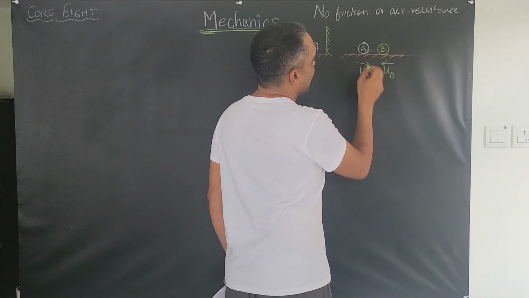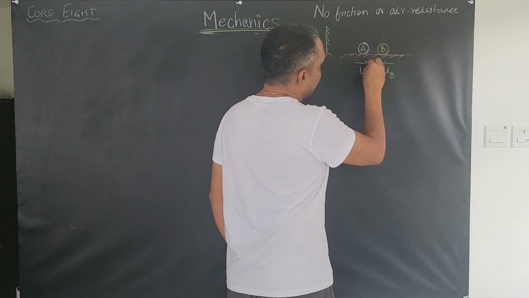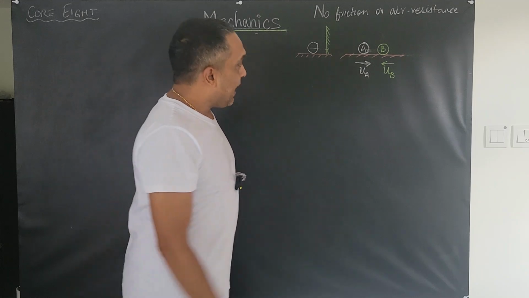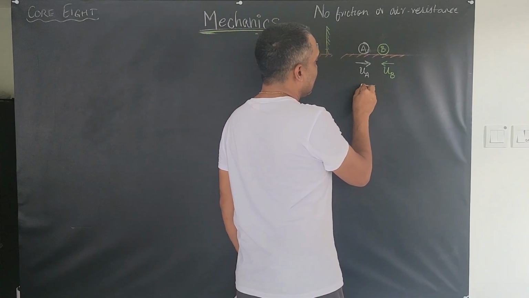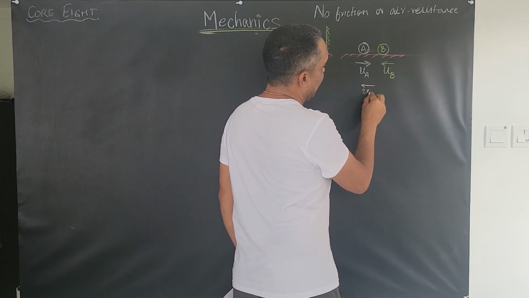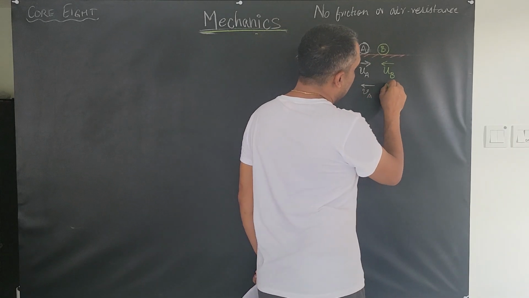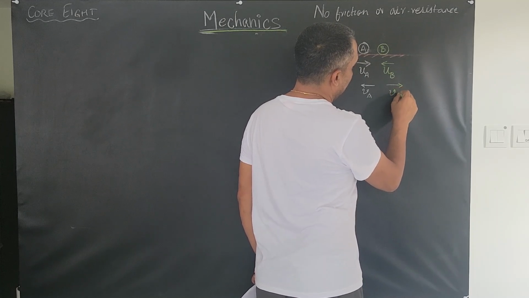Remember, it's not writing vectors, I'm just indicating the direction of this particle. And you could basically have a head-on collision. At the end of the head-on collision, you could have A returning with some velocity v of A, which is indicative of its later velocity, and you could have B going apart with some velocity v of B.